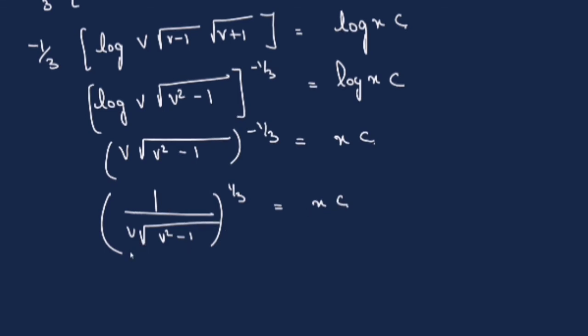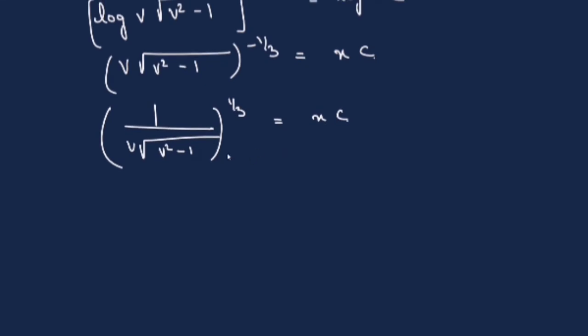What is v equal to? Now you can remove this 1 by 3: take cube on both the sides. So what happens now? 1 by v root of v square minus 1 is equal to x cube into c cube.